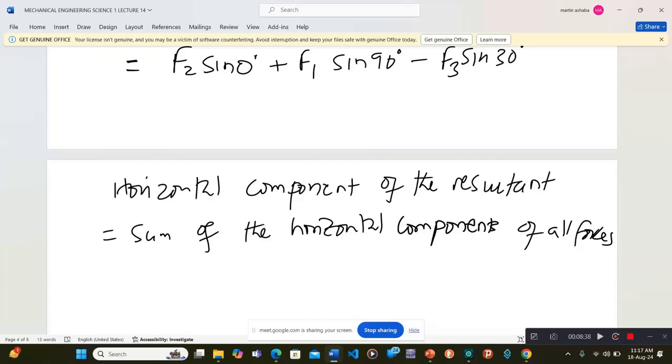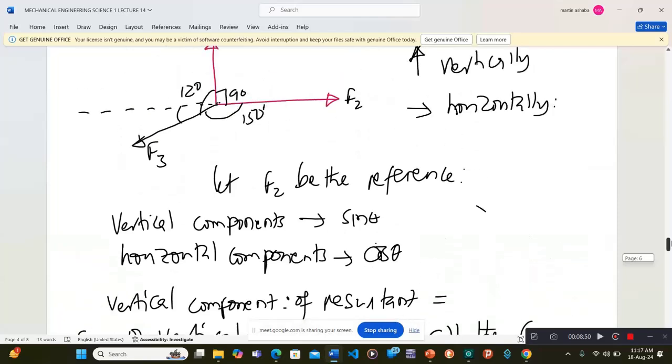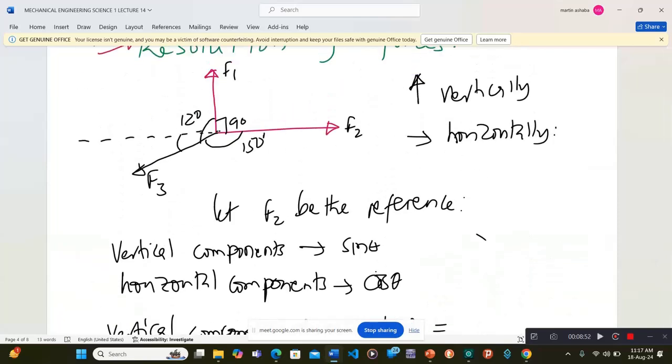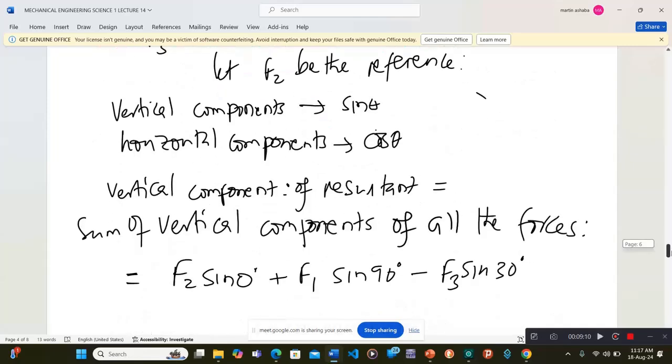So obviously, this is going to be now F2 cos 0. We see F2 again is parallel to the horizontal. Therefore, it makes no angle with the horizontal. So it will be F2 cos, because the horizontal component of any force is always going to be a cos. Yes, you have to understand that. So it will be F2 cos 0.